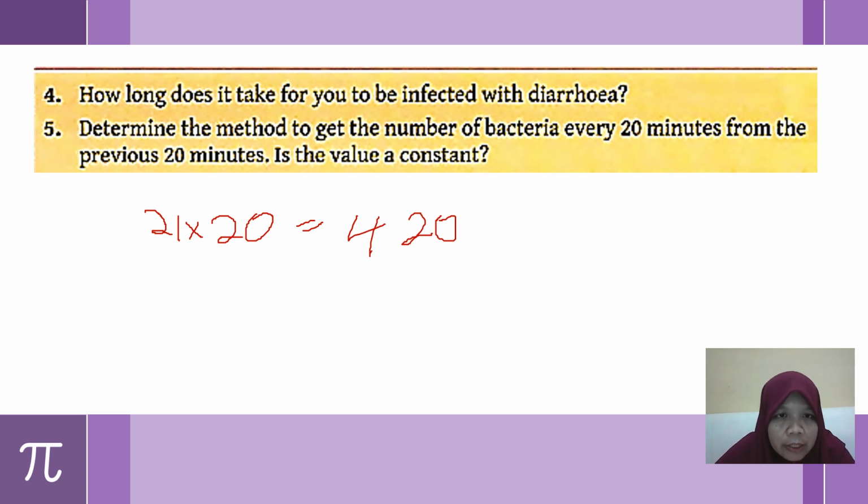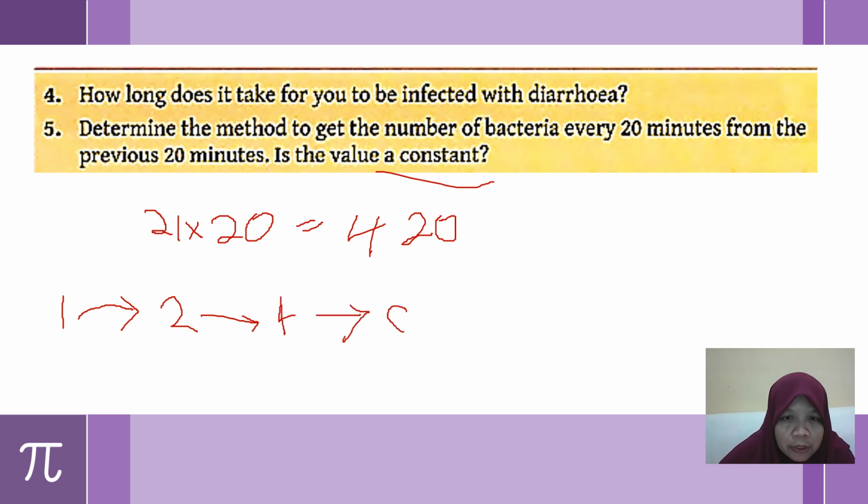And then determine the method to get the number of bacteria every 20 minutes from the previous 20 minutes. And is the value a constant? Yes. Just now from 1 we multiply by 2, and then 2 becomes 4, then 4 becomes 8, then 8 becomes 16, then 16 becomes 32.